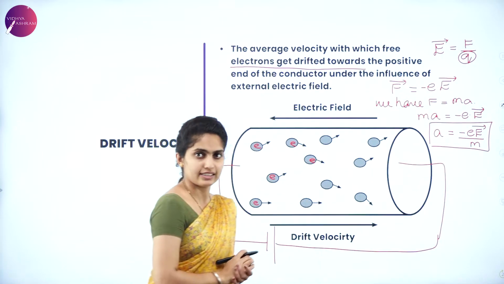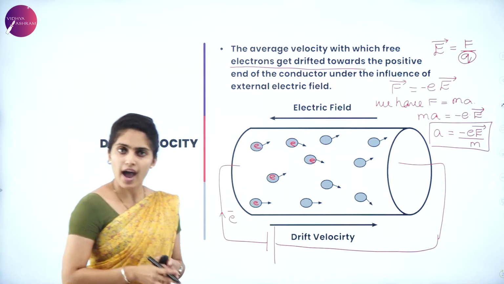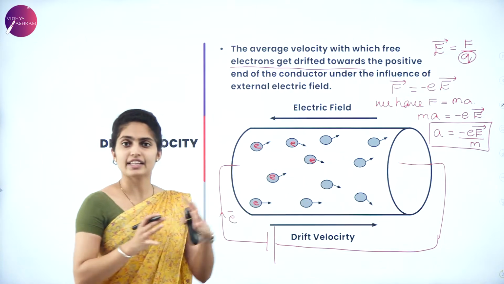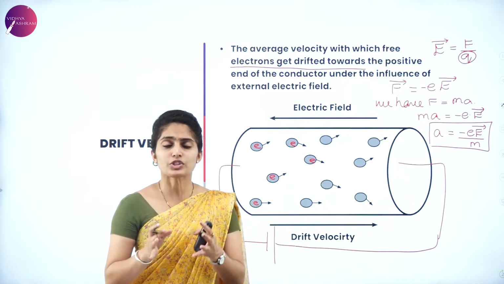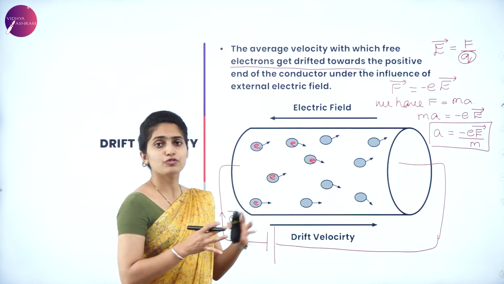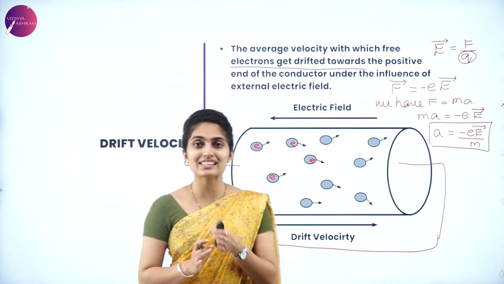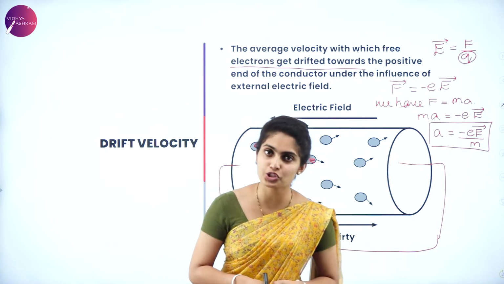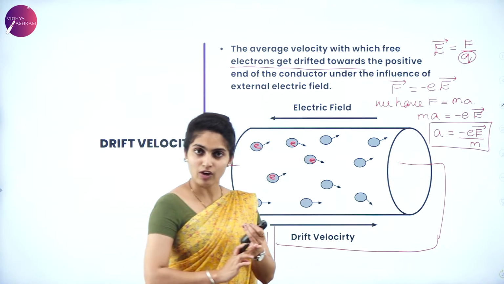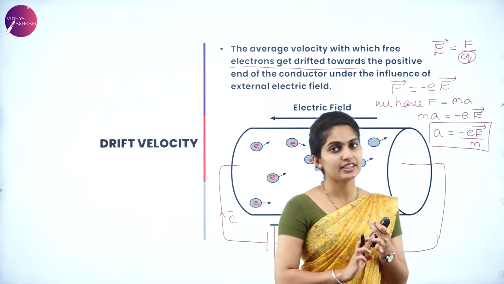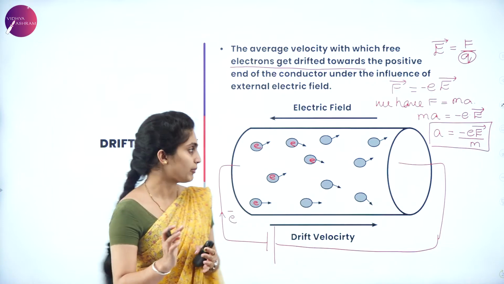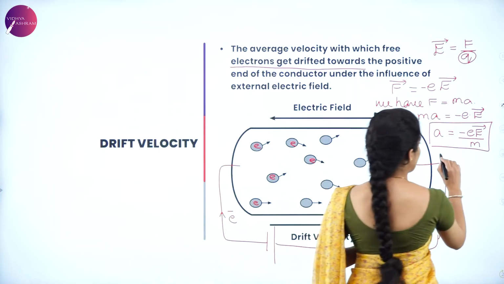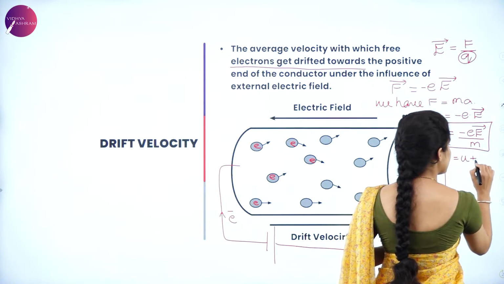Now, since these electrons are moving, there is a certain equation which corresponds to the movement of the electrons, and that is nothing but the equation of motion, which relates final velocity, initial velocity, and acceleration into time. That is, v is equal to u plus at.